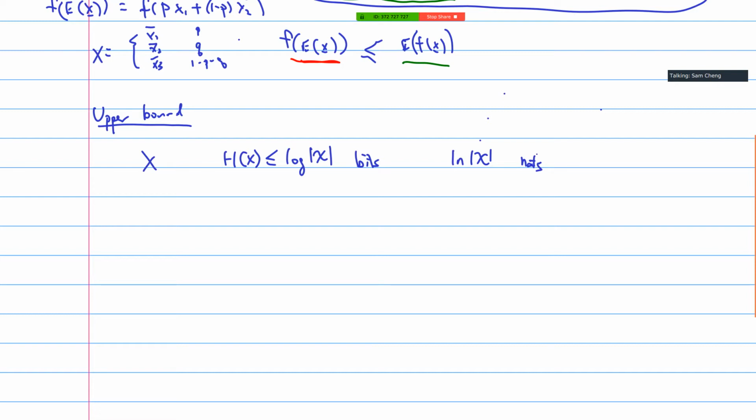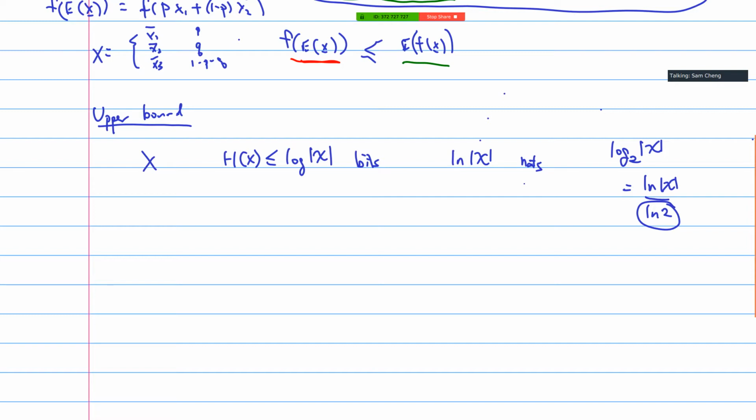Again, I mentioned last time the difference between using different logs, because log base 2 of x is actually just equal to ln x over ln 2, right? So it only differs by a scalar factor. Therefore, if you differ by a scalar factor, it's basically just a difference of the unit.